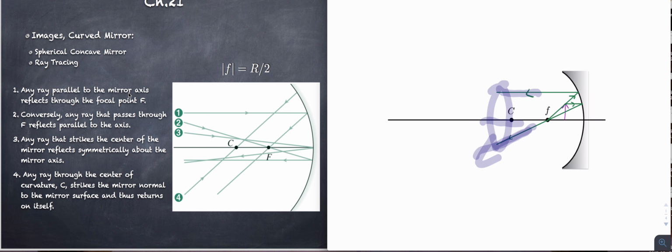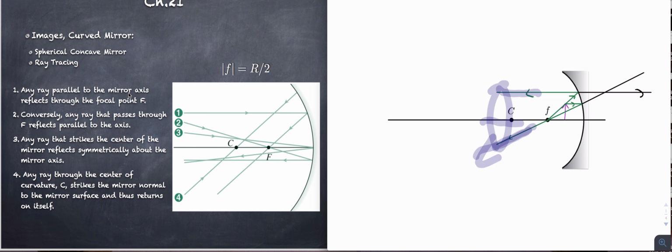So let's do that, and we'll use black for that color. So we'll complete this image. And so these are virtual lines of light because light is actually not moving through the mirror.